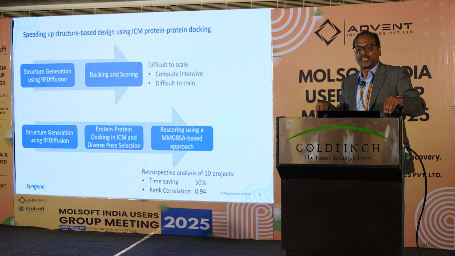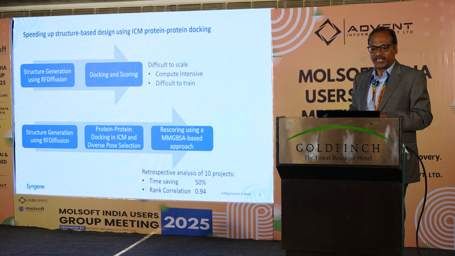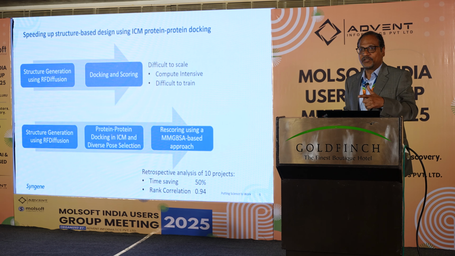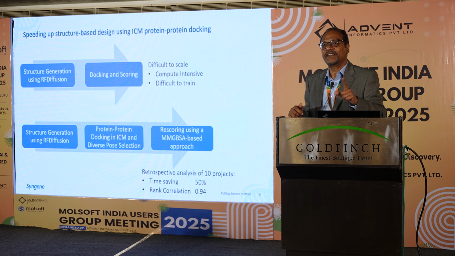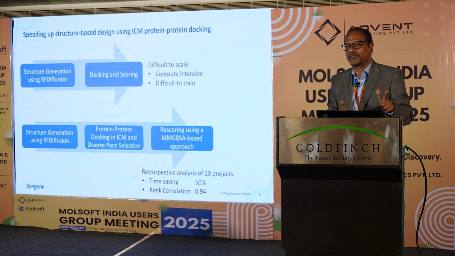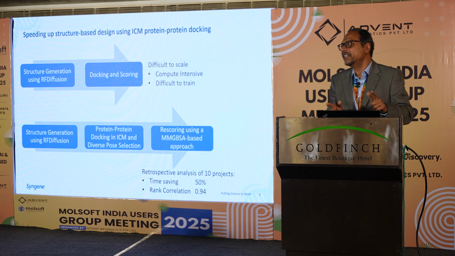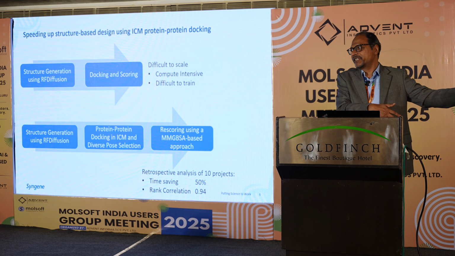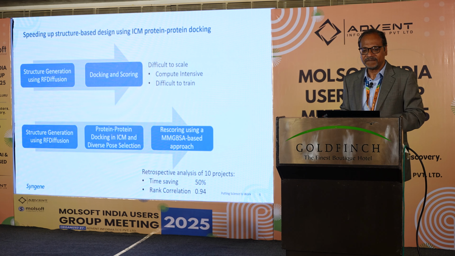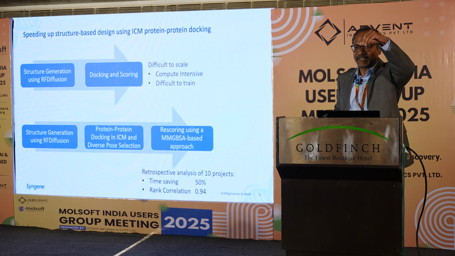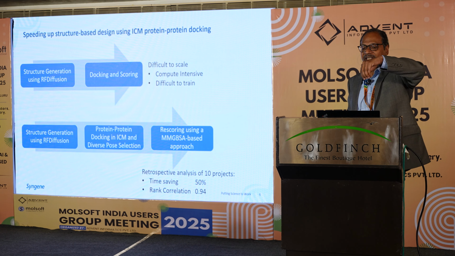We use that for protein docking in ICM. Mind you, the FFT there is basically rigid body docking, which is why we take a number of poses rather than taking one, and then from that, select diverse poses.